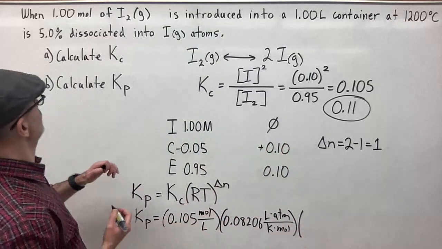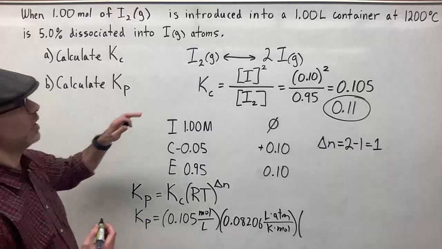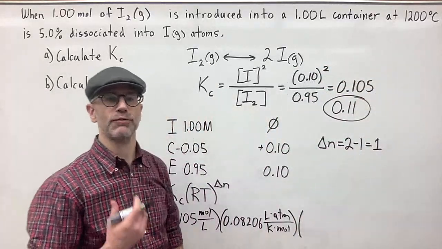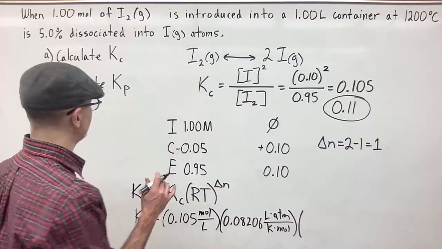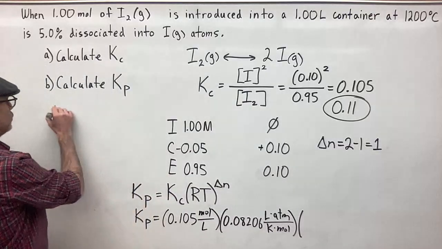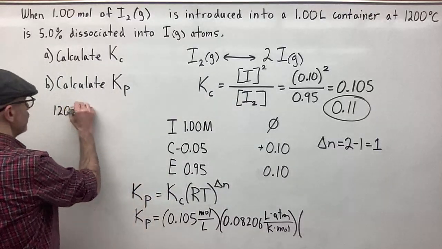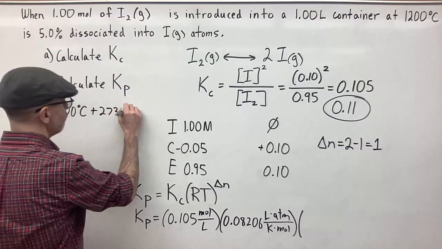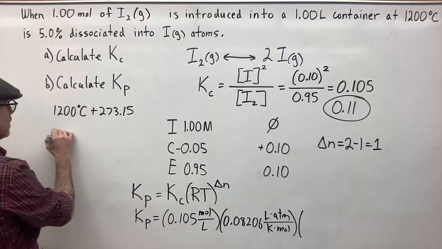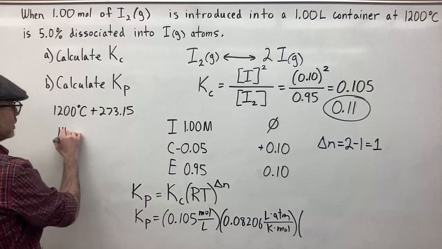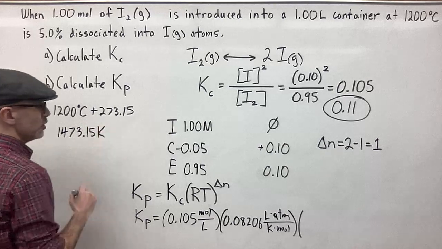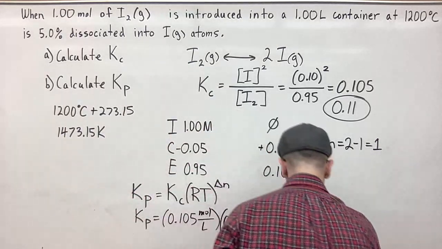And the temperature, they said, was 1,200 degrees Celsius. That's in Celsius, so we have to convert that to Kelvin before we do anything else. So we have 1,200 degrees Celsius. We add 273.15 to that, and that's going to give us 1473.15 Kelvin. So we're going to plug that in here.